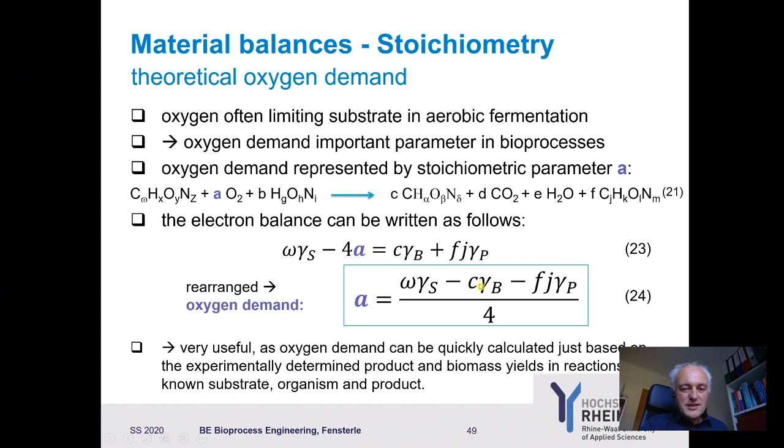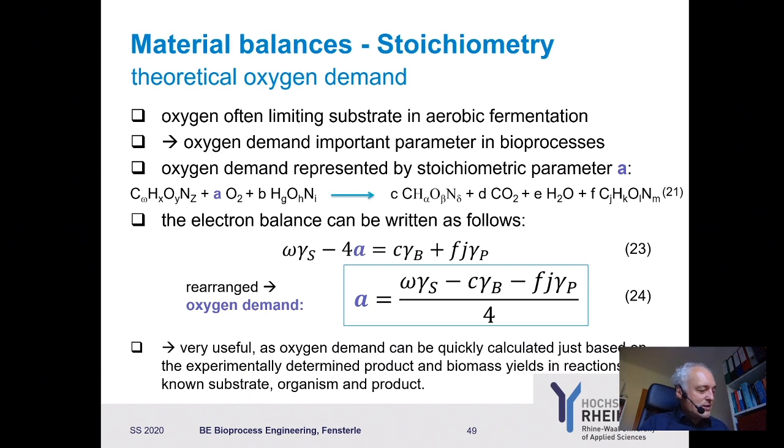And if we look at this equation, we will see right away that we have two things. We have our oxygen demand and we have our stoichiometric coefficient C here. So we need to calculate the C, and if we have that and we have the degrees of reduction, then we can calculate the oxygen demand. This is a standard way how you get there. So this is something you should really remember.